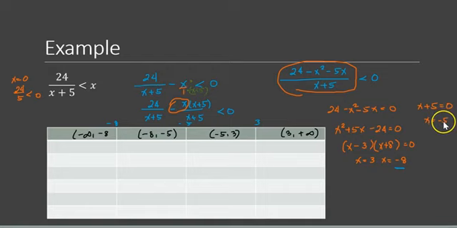So we have the critical values negative 8, negative 5, and 3. We can create the intervals and choose our test numbers: negative 9, negative 6, 0, and 4.